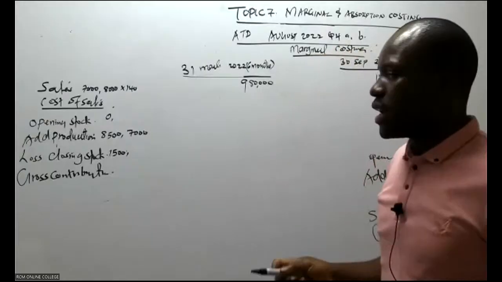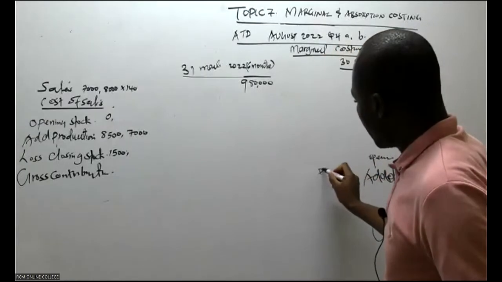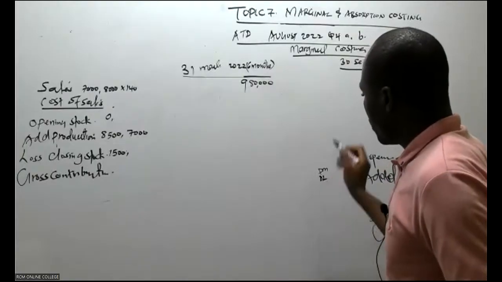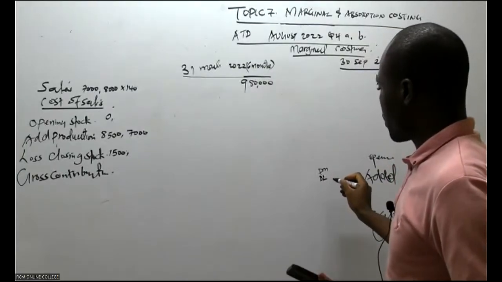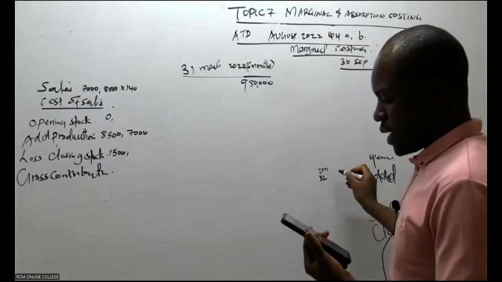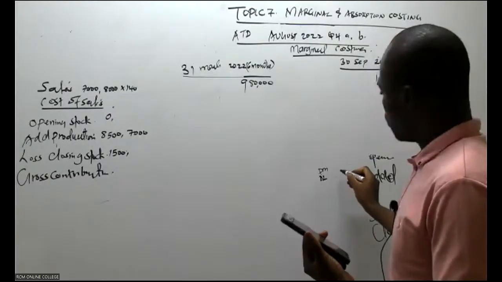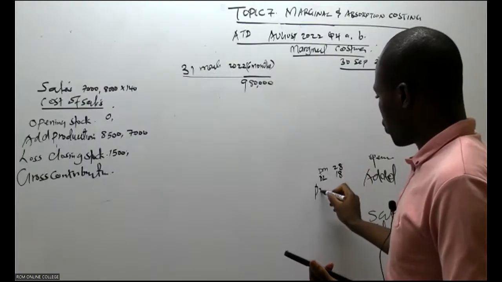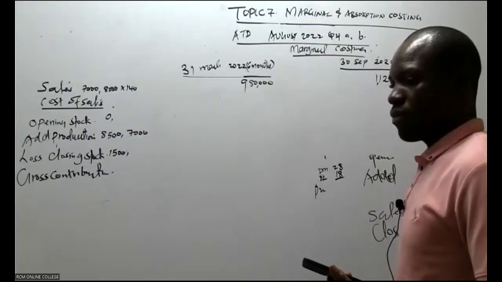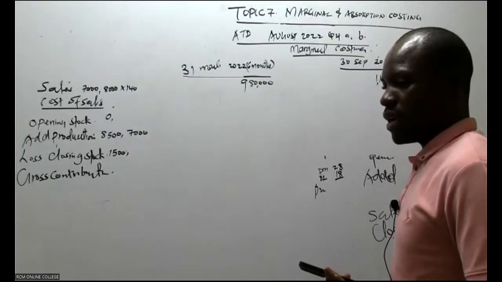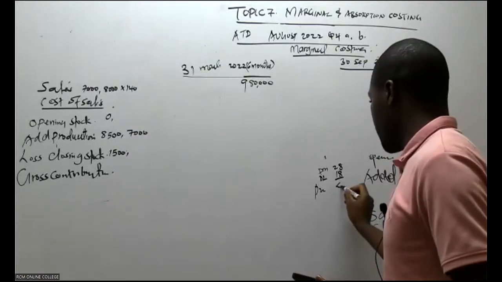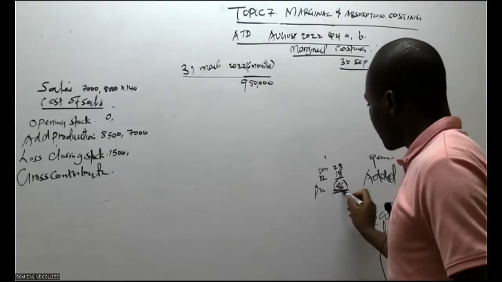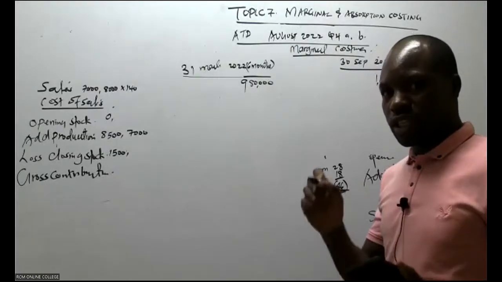Direct material we add 28. Direct labor we add 18. So what was the production cost under marginal? It was 46.